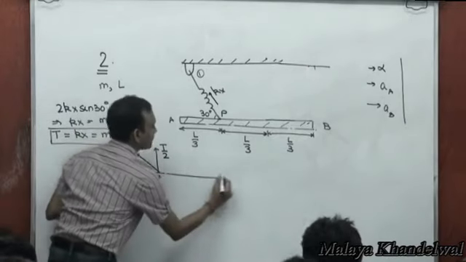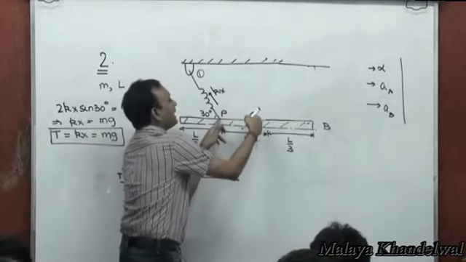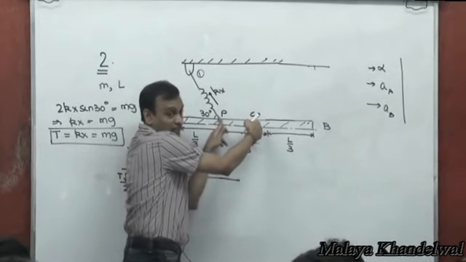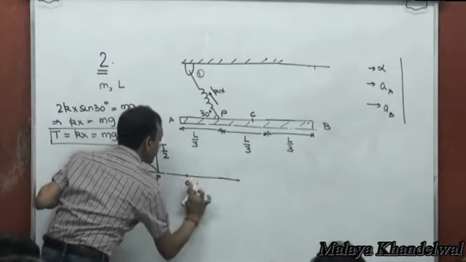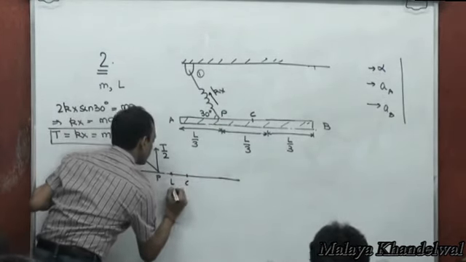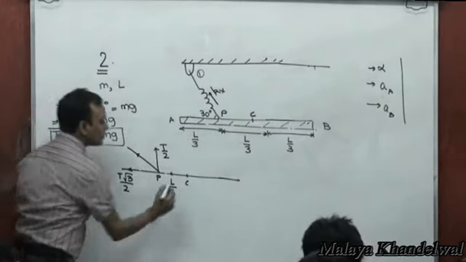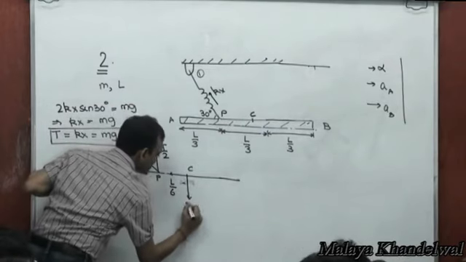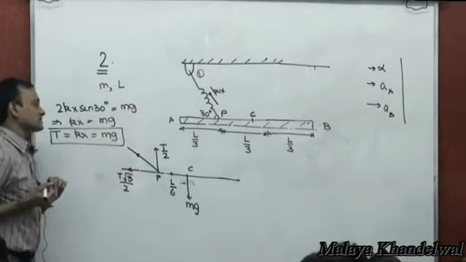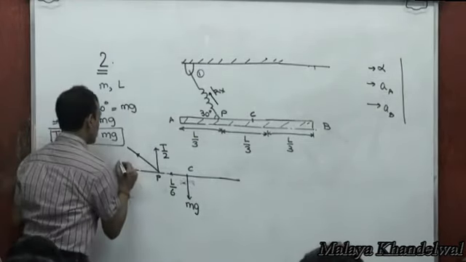This is the point P. The center of mass C is L by 6 away from P. And there is mg acting at the center of mass. This is the summary of all forces acting on the rod AB.